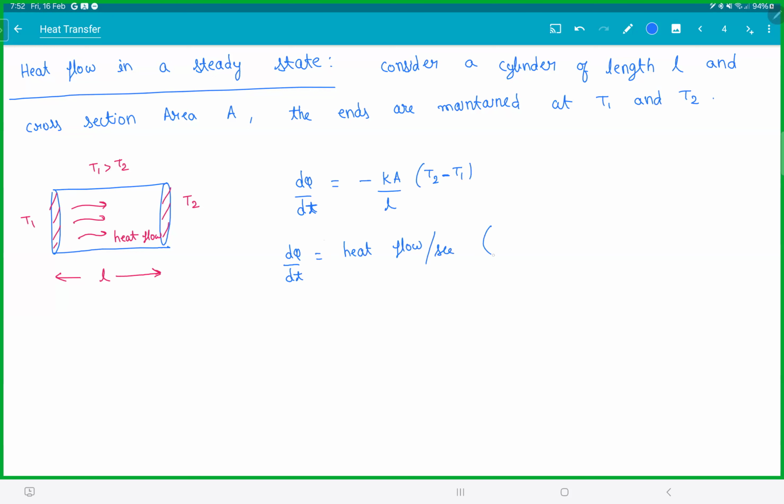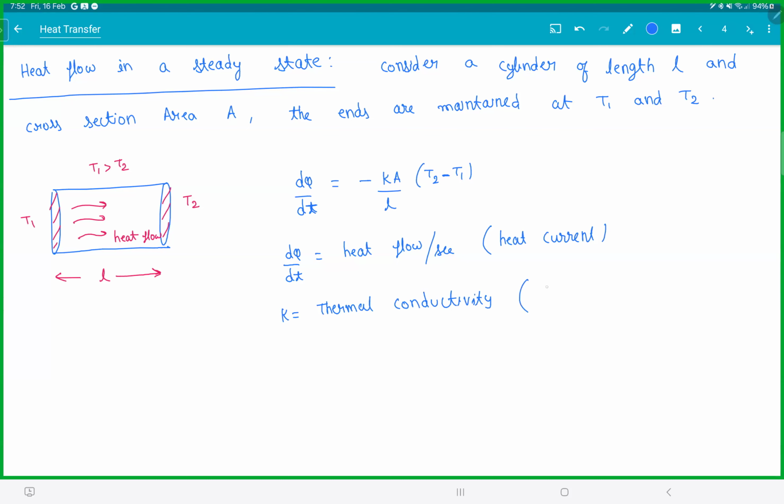This is also called heat current. This thing kind of looks like resistance in Ohm's law. K is called thermal conductivity. We'll talk about this a bit later.